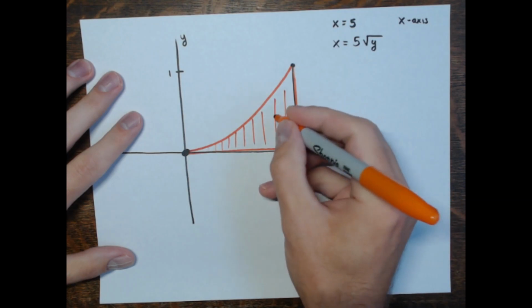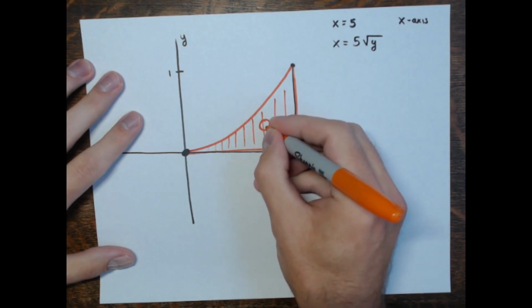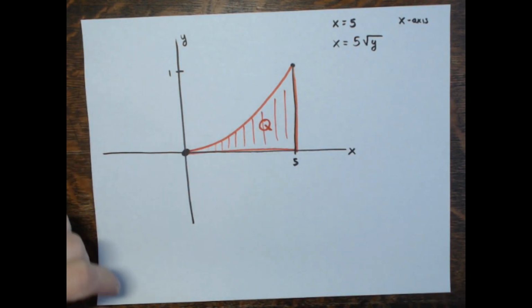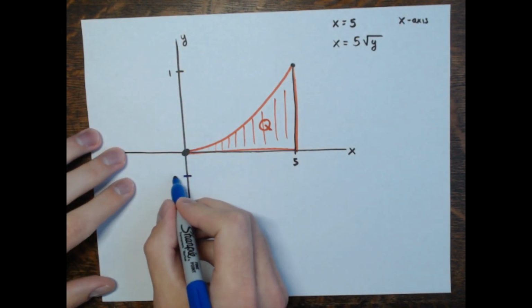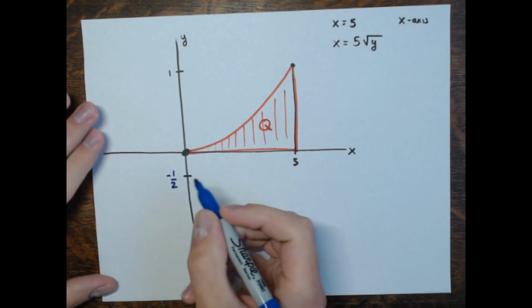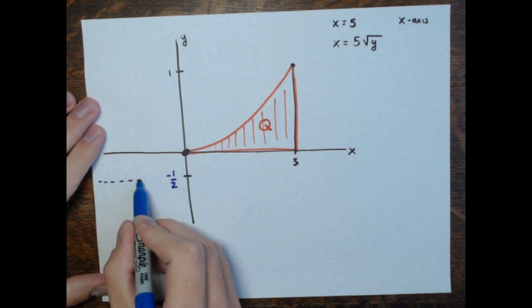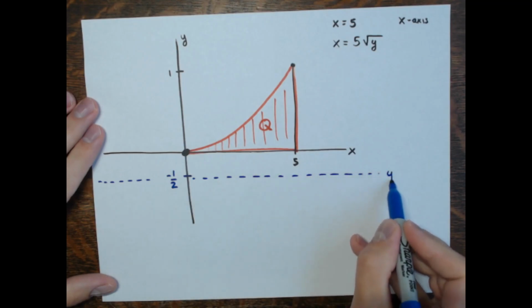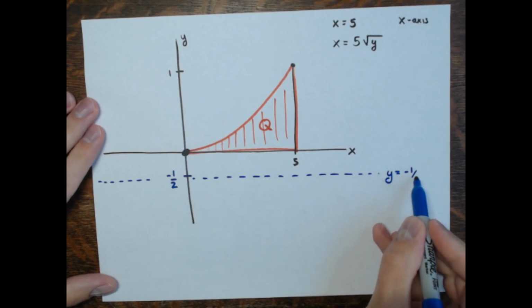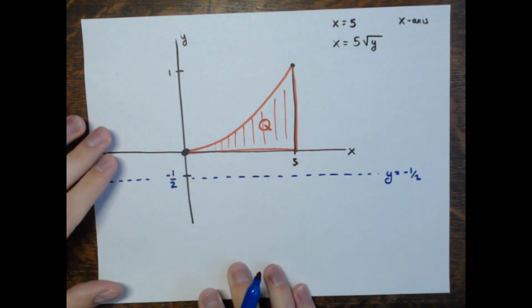Okay, so here's the region in question. And once again, they were calling this region Q. And we are asked to rotate Q, not about the x-axis or the y-axis, but about the line y equals -1/2. So let's say that's here. There's -1/2 on the y-axis. y equals -1/2 is this line. I'll tell you this here.